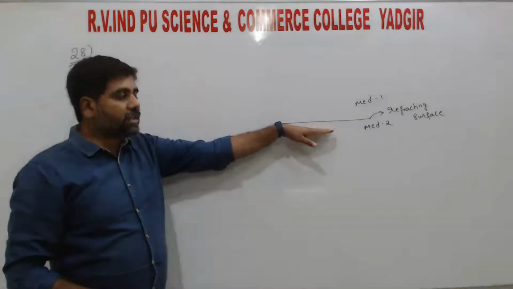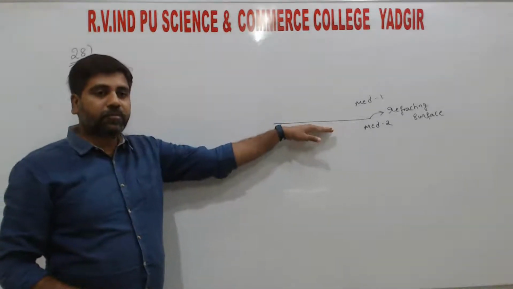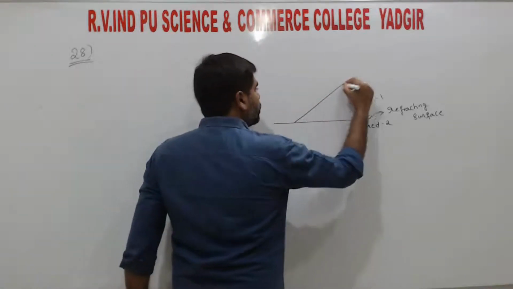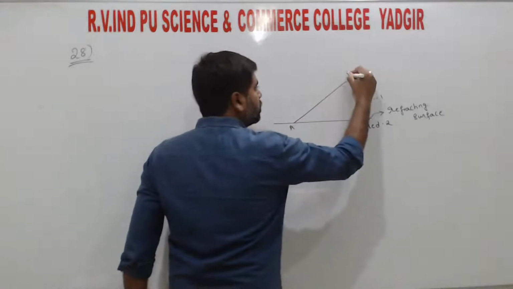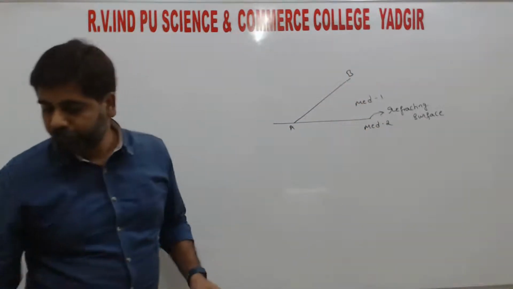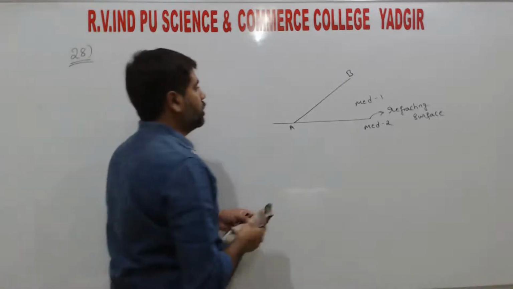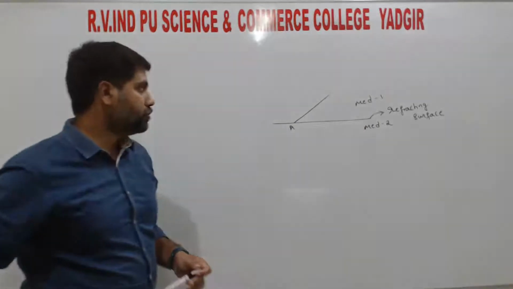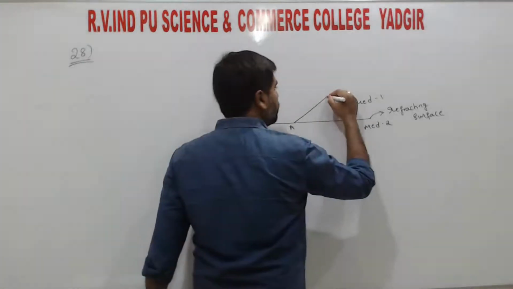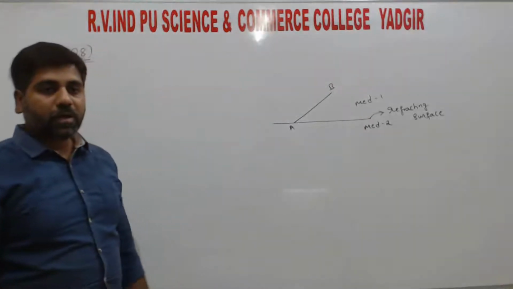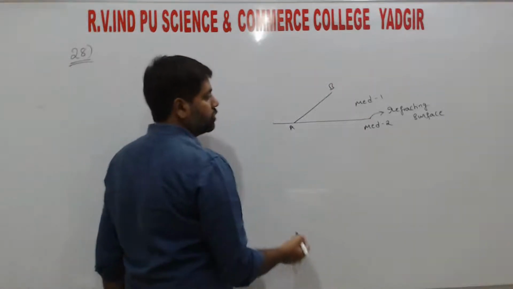So that will be incident on the refracting surface with angle of incidence i, right? So AB is the refracting surface, right? So AB is the incident wavefront.